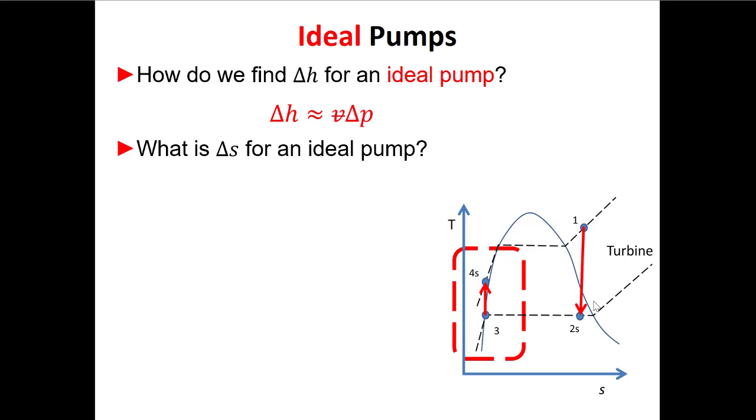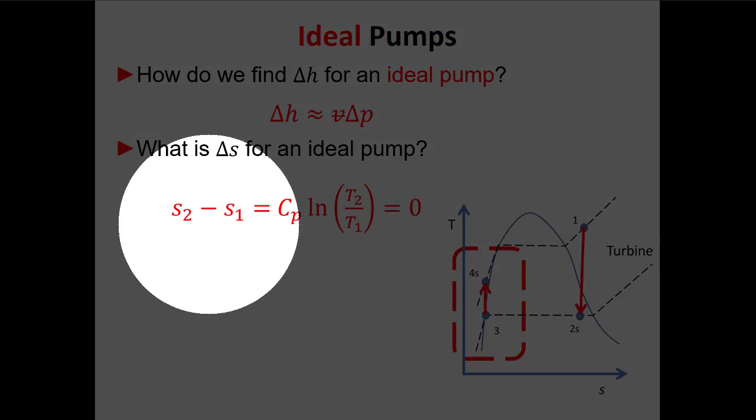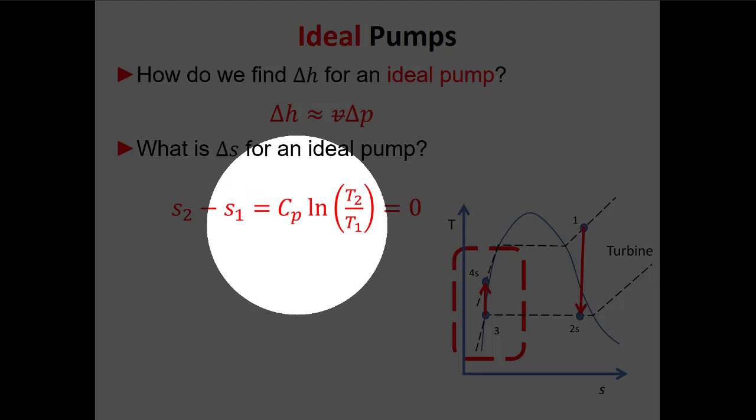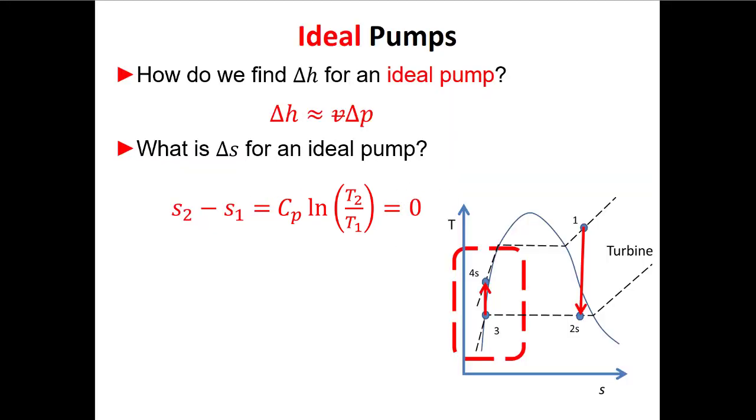temperatures. So if we have a pump with the same inlet and outlet temperatures, we can see from the equation we introduced last class that delta S, if the inlet and outlet are subcooled liquids, is equal to Cp times the natural log of T2 over T1. But if T2 is equal to T1, then this natural log goes to 0 and delta S is 0.